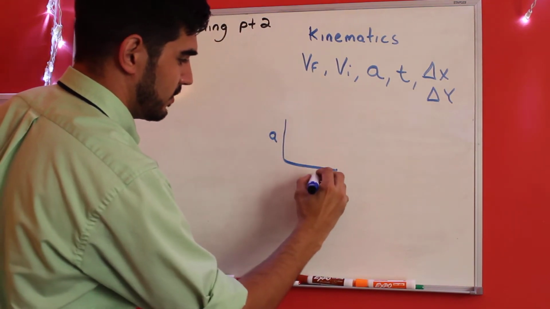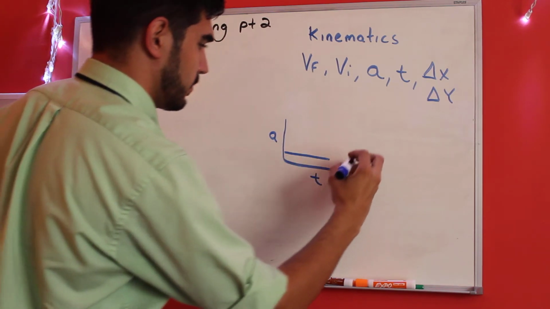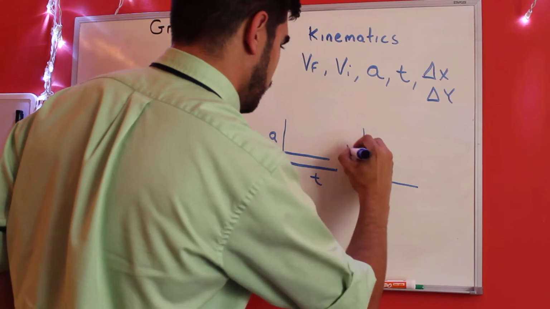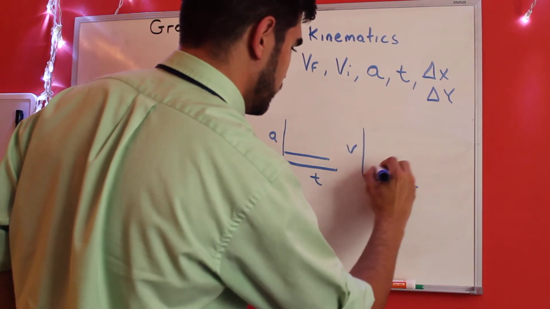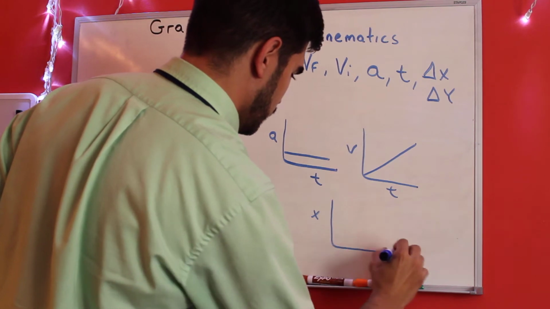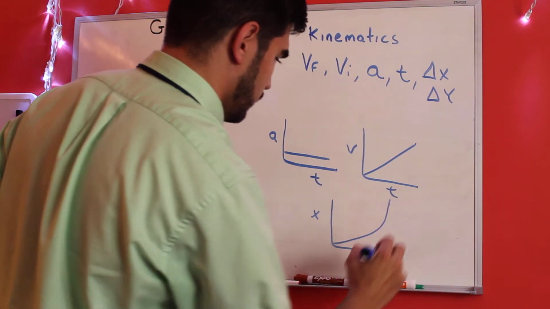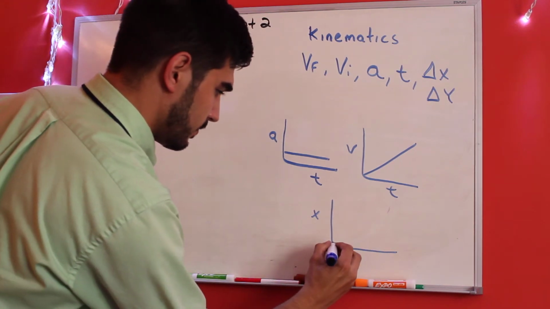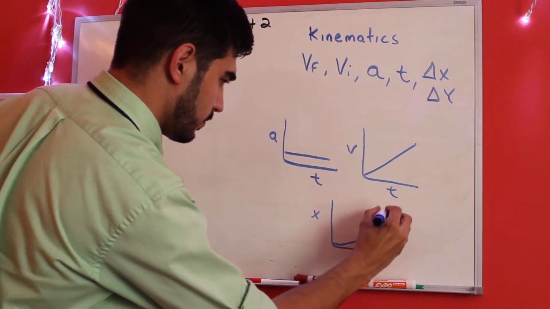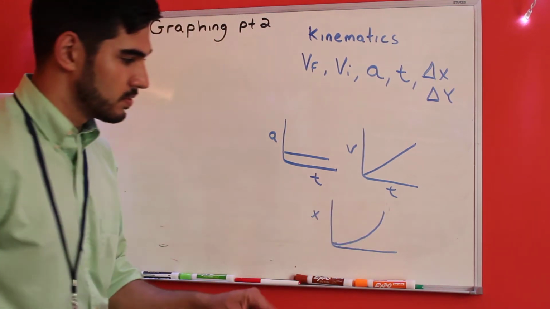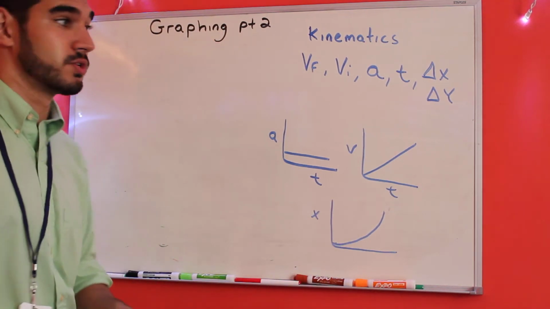So if a over t is constant, v over t is linear, x over t, or I could do a better slope upward than that, x would look like this. So I'm going to show you how that works.